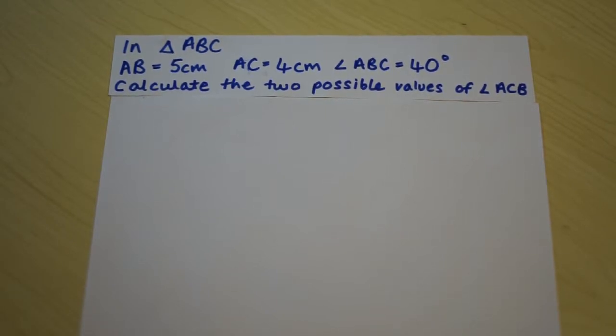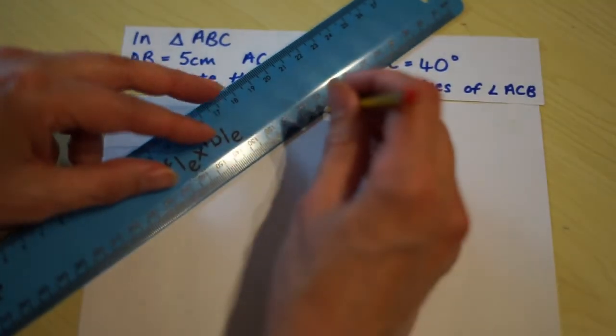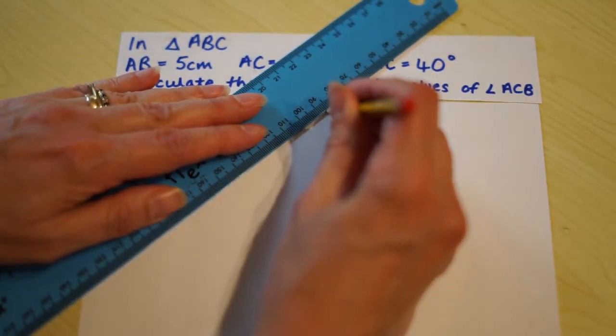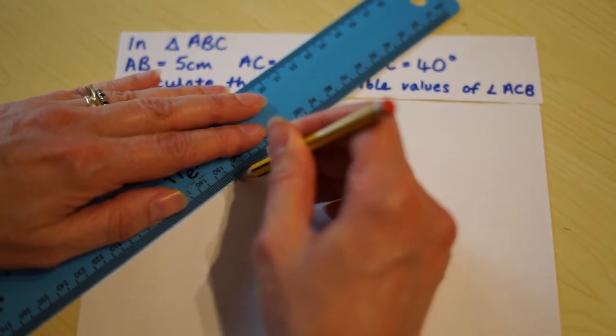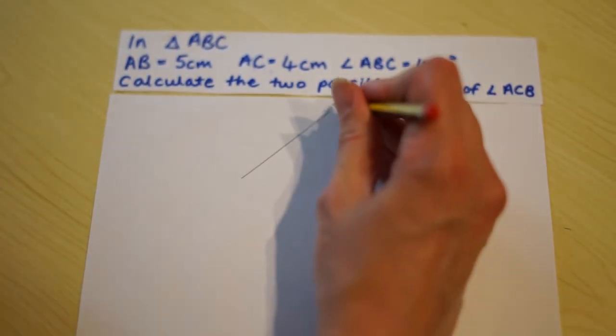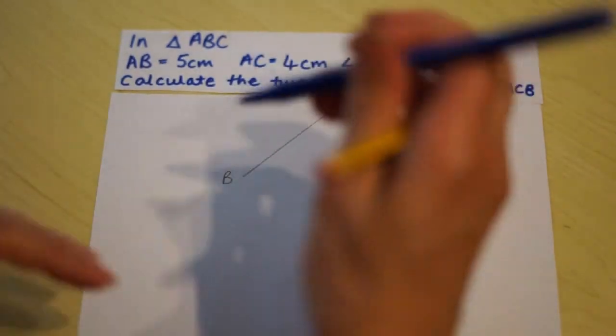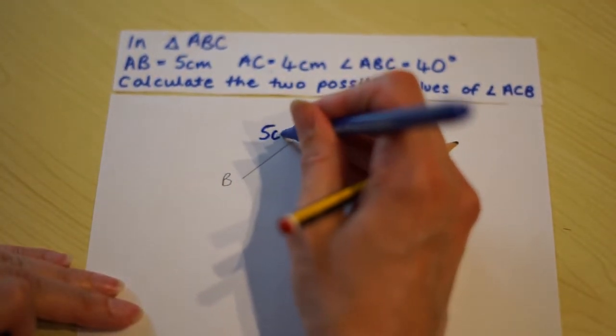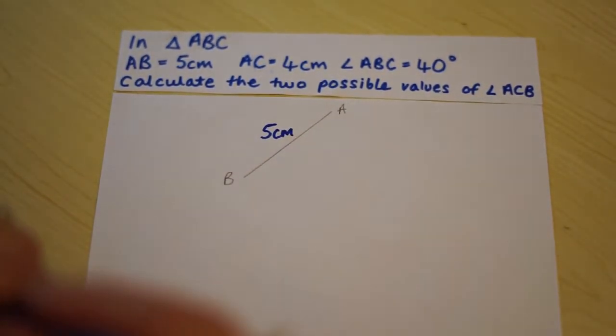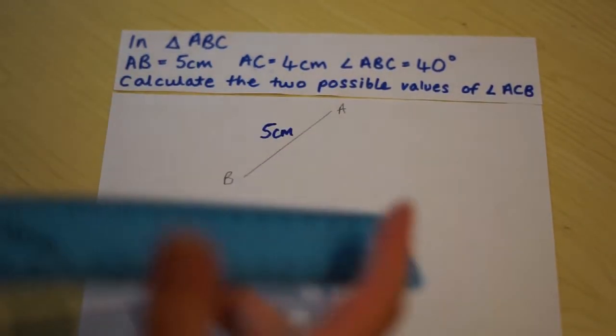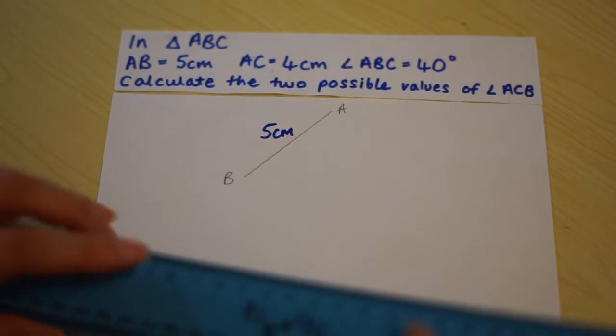Okay, so let's have a look at what this looks like. So, quick sketch. Side AB is 5 centimetres. We'll come to side AC in a minute.